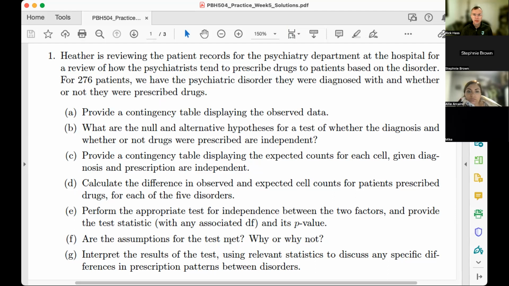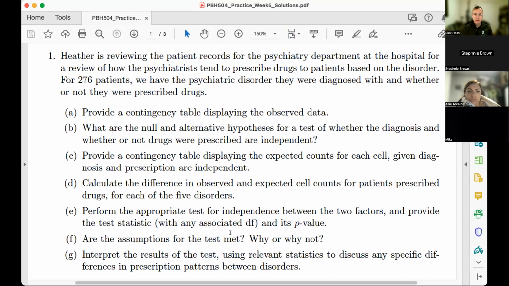Now, data like this come in 2 forms. Usually you've got the full data set, right? So if you were Heather, you would have pulled records for all of these people and probably created a row for each of the 276 patients.